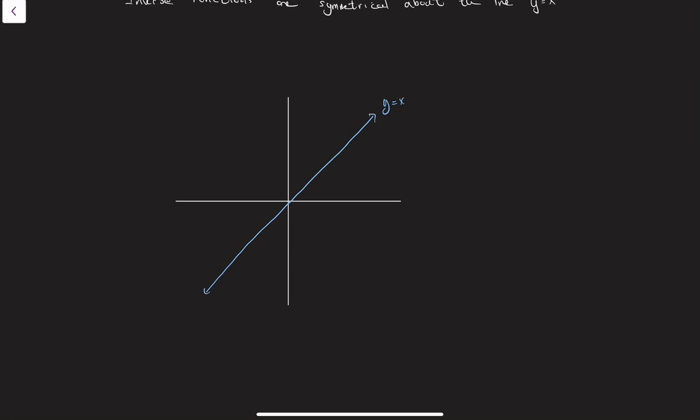Then if we have some function here, let's say this is f of x, then the inverse of f of x is just the mirrored reflection about the line y is equal to x. So this is f inverse of x. This is a direct consequence, again, of the properties of an inverse function and the cancellation formulas. So functions and their inverses are related graphically by symmetry about the line y is equal to x.